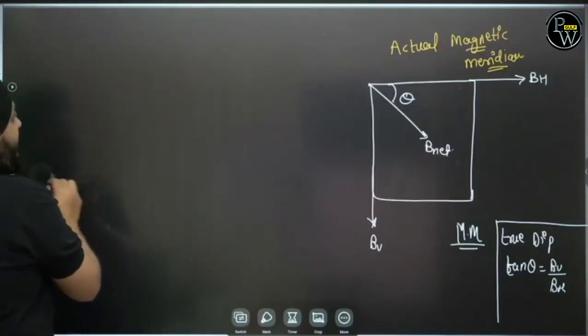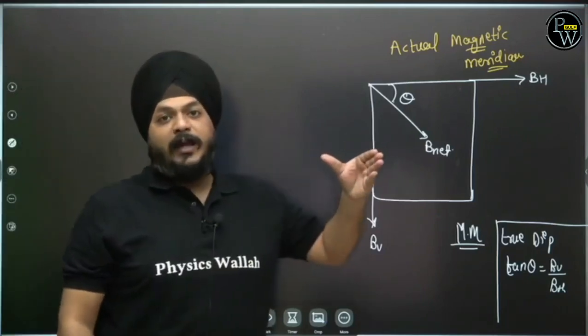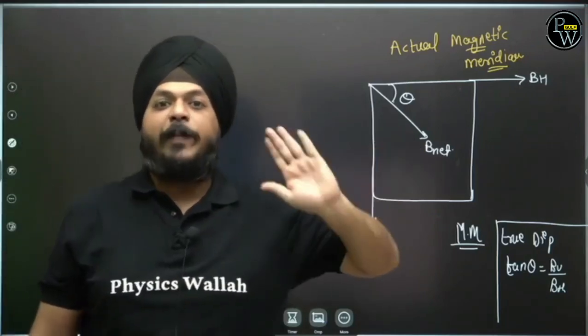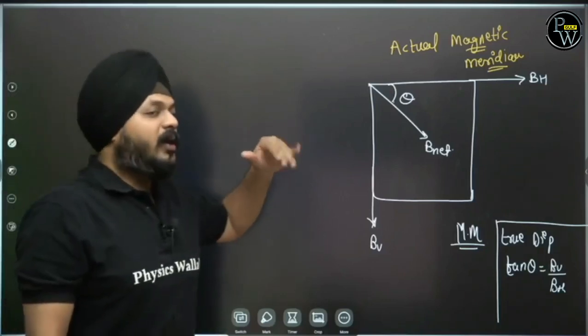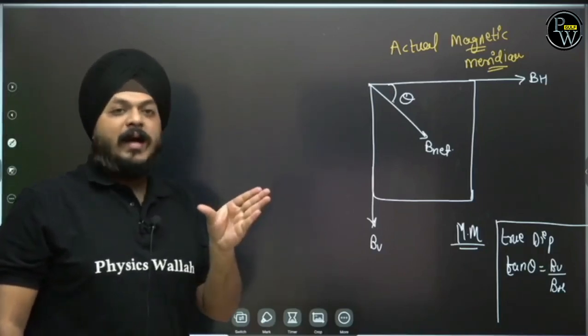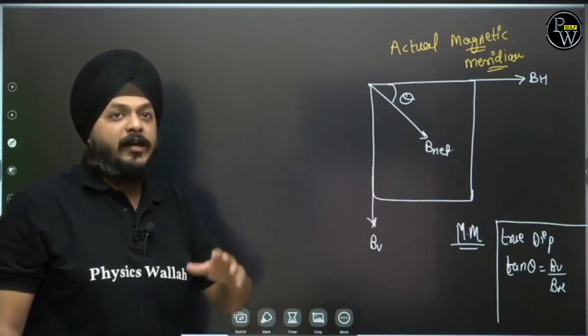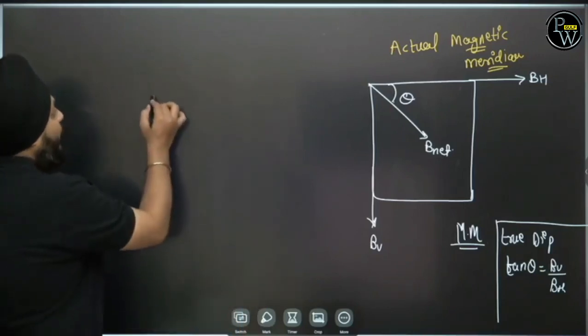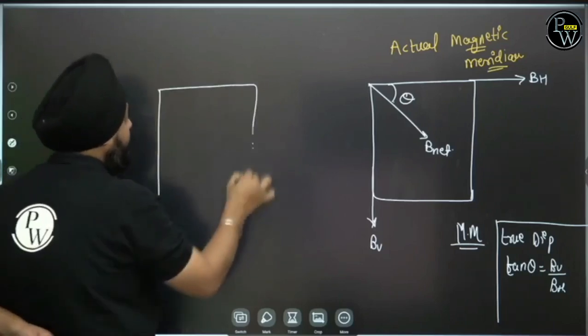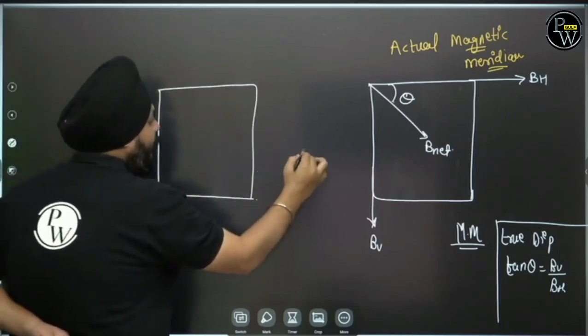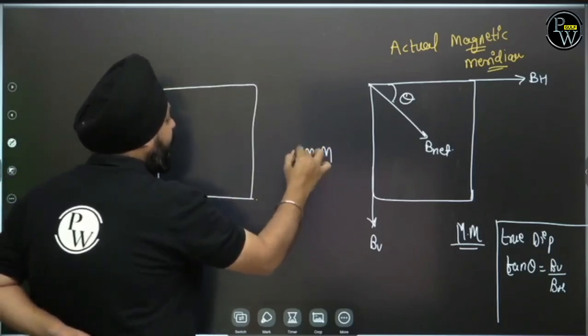The question states that there are two planes perpendicular to each other. They are imaginary planes that show the apparent angle of dip. Again, I am going to write it down. Suppose the white color is the magnetic meridian.